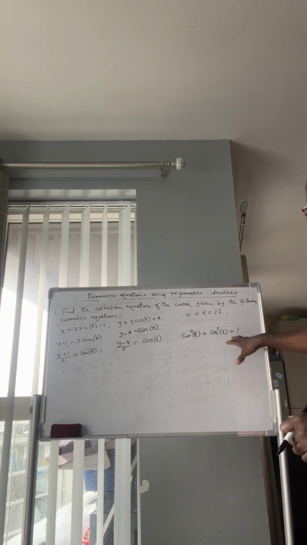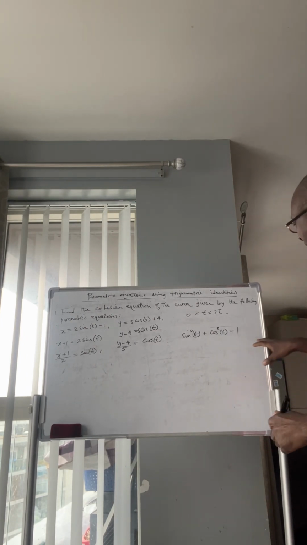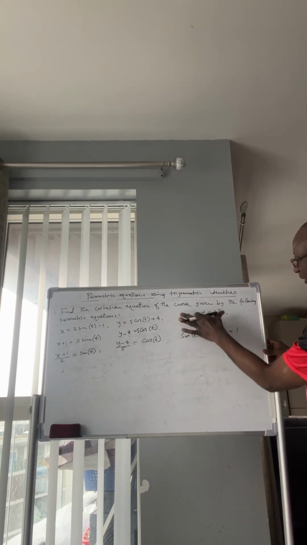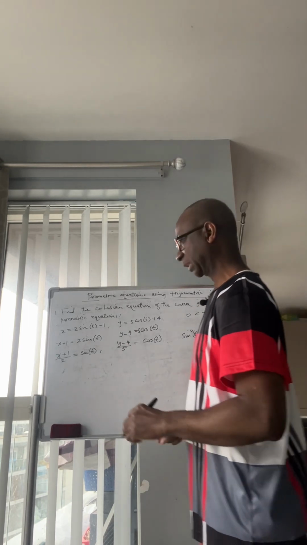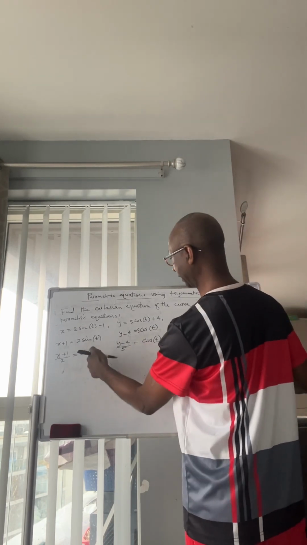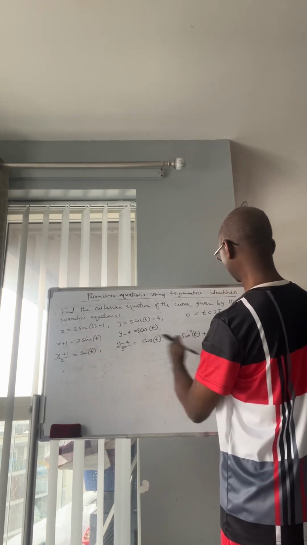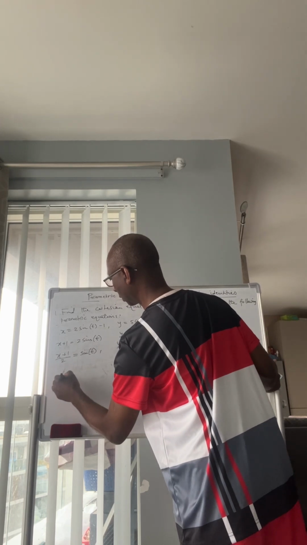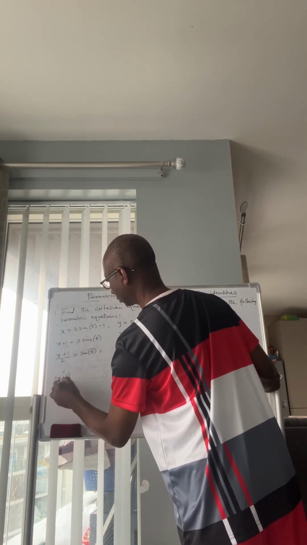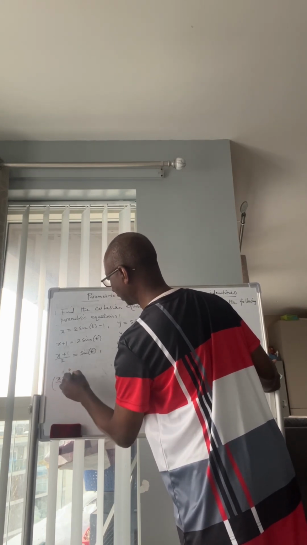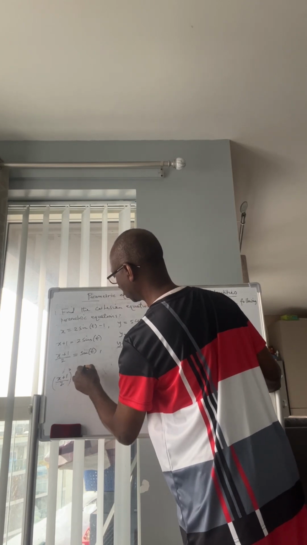So if this is what we have, mind you, this corresponds to this limit. This function works with this limit. When it goes beyond this limit, it's something else. Now, if we square this, and we also square this, we know the sum of them is 1. So let's square this: x plus 1 all over 2, all squared, is equal to sine square t.